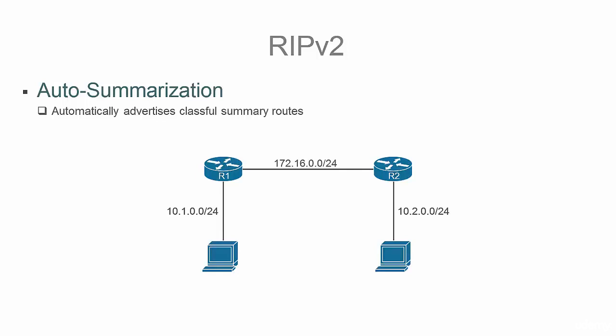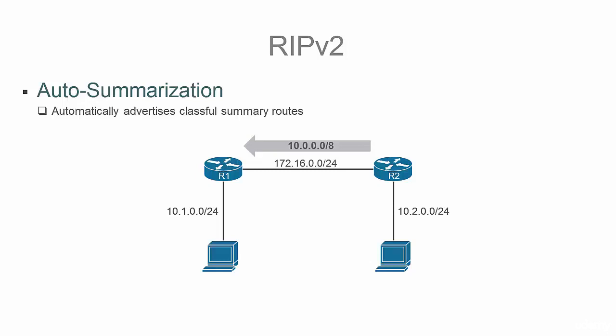And in this example here, since R1 and R2 have this 172.16 class B classful network in between them, since this could be considered a discontiguous classful routing topology, if R1 or R2 wanted to advertise their connected 10-dot networks and auto-summarization was enabled, R1 would actually advertise a classful summary route for the 10 network to R2, and R2 would also advertise a 10-dot summary advertisement to R1 to represent the 10.2.